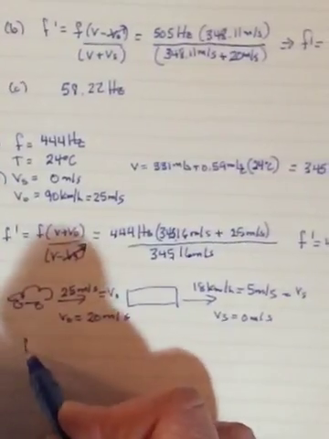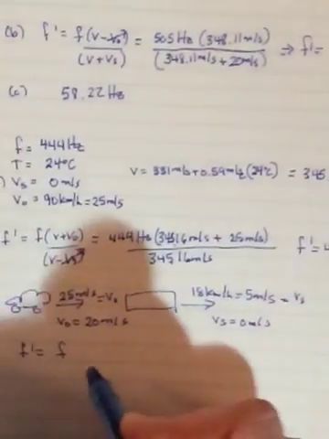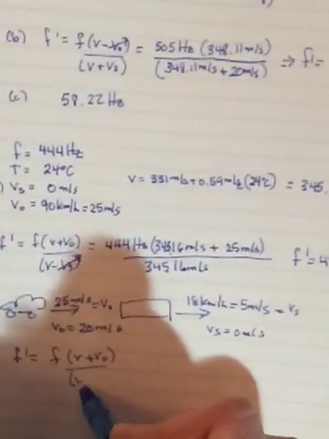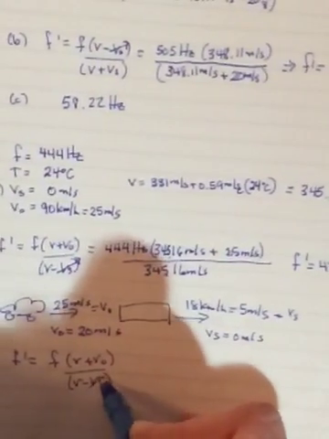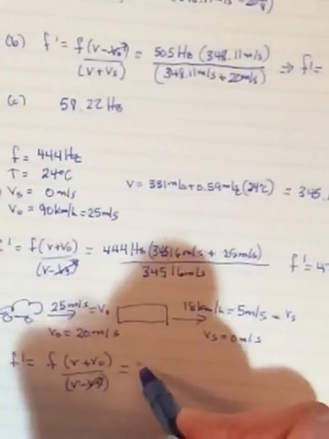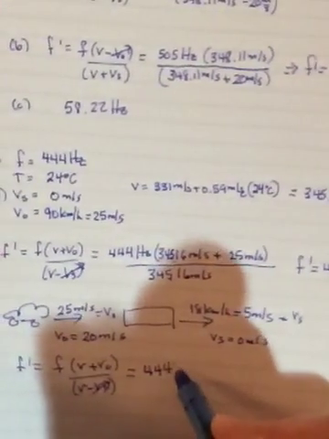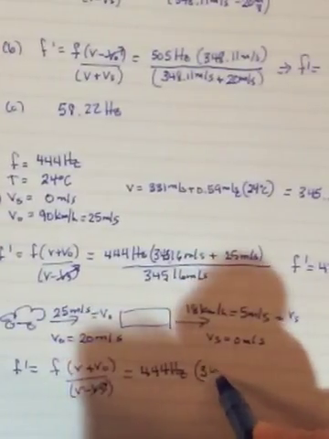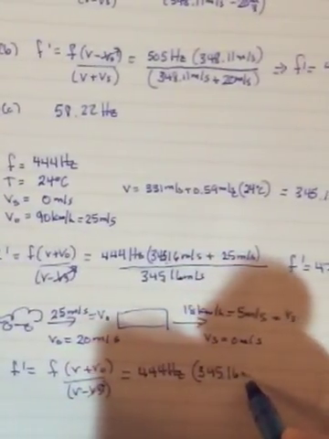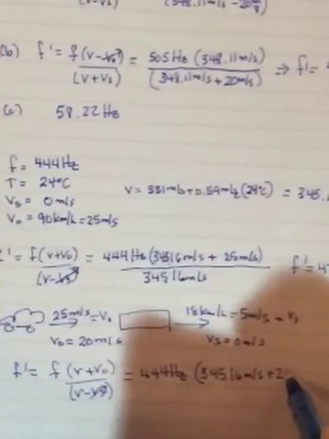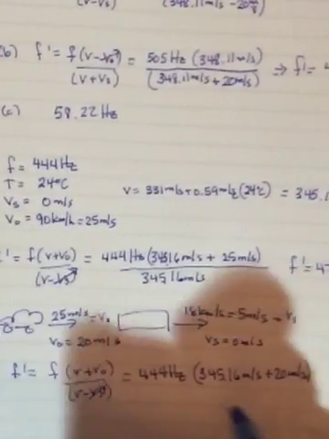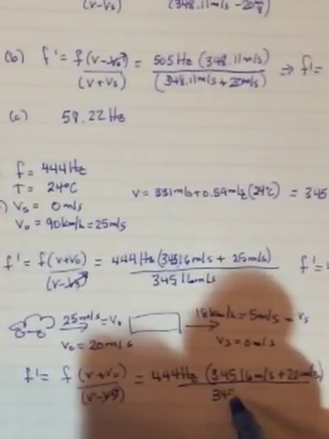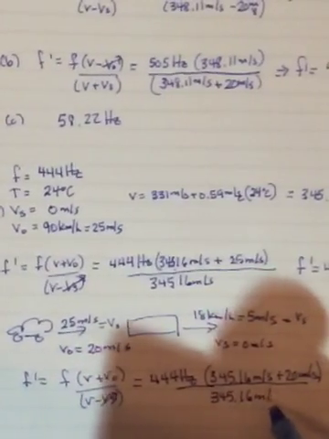And now you use the approaching equation again. So F times V plus VO over V minus VS. And if we're using relative velocities, the VS goes to 0. 444 hertz, 345.16 meters per second, plus 20 meters per second. And then that's going to get divided by 345.16 meters per second.